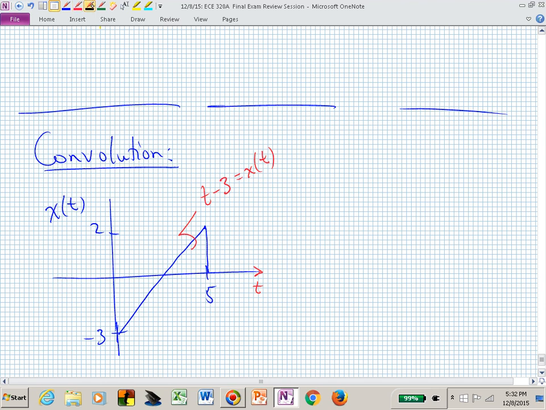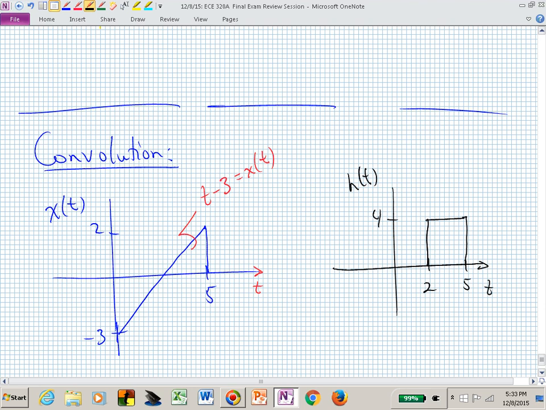Suppose that my impulse response, h of t, and this is a hypothetical, is switching on at 2 and turning off at 5, with an amplitude of 4. What does that h of t represent? If that's really the impulse response, what does that say?